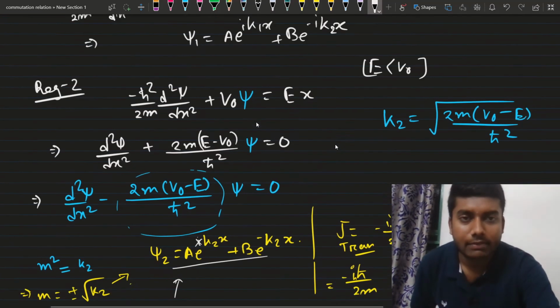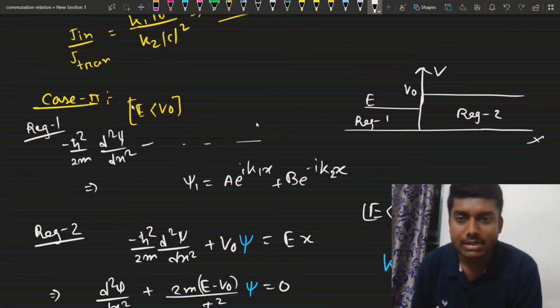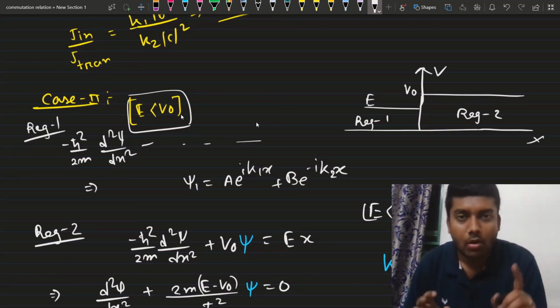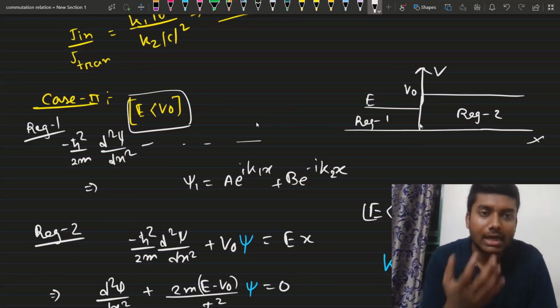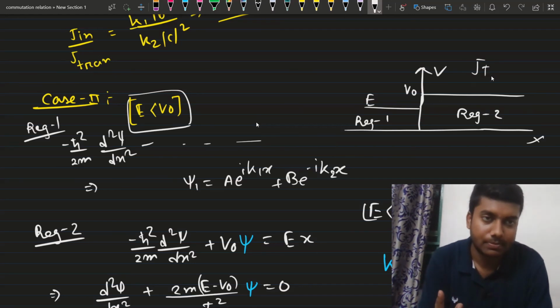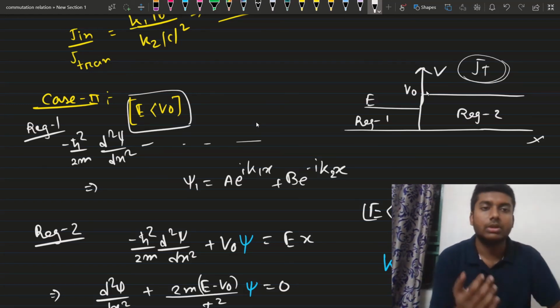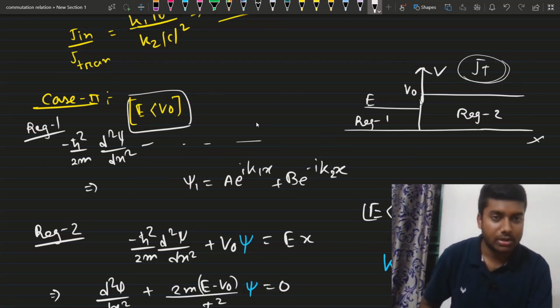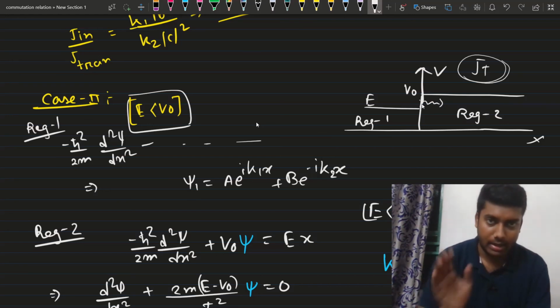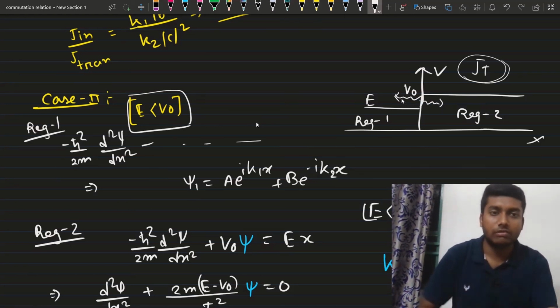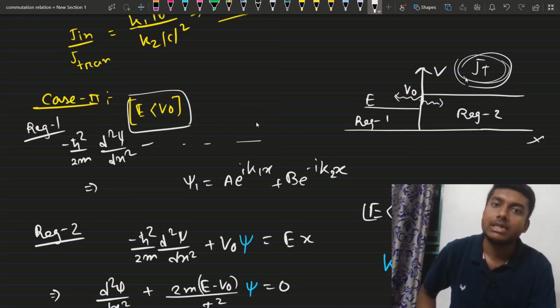Whenever E is less than V naught, always remember that the j transmittance is equal to 0 here, which means the flux will be 0 at this boundary. Some wave will go in this region and some will come back, but the total flux, the j transmittance, will be 0 here.